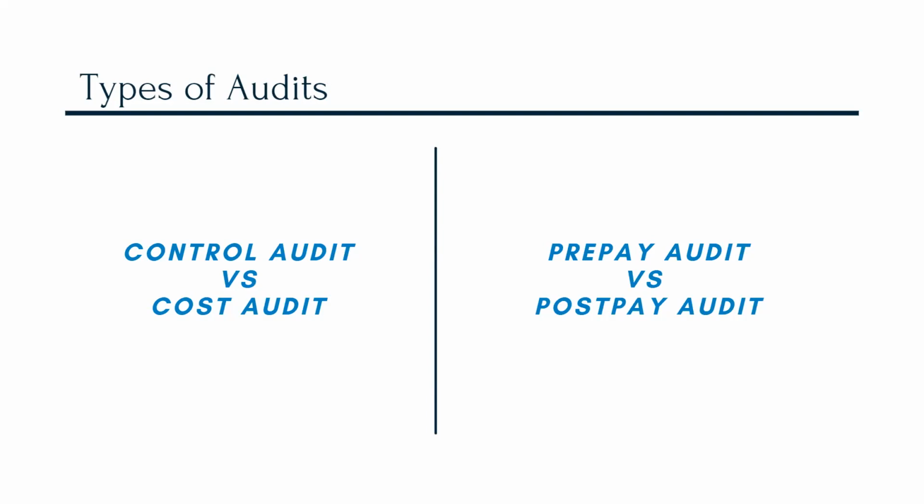The difference between a cost audit and a control audit is that a control audit is really focusing on processes and procedures and drills down on the paperwork of the project to look at ways to improve on those processes. And it indirectly has cost elements to it for future projects.